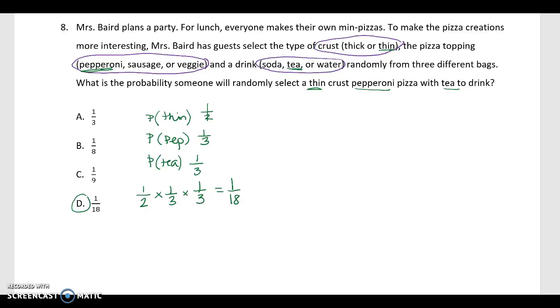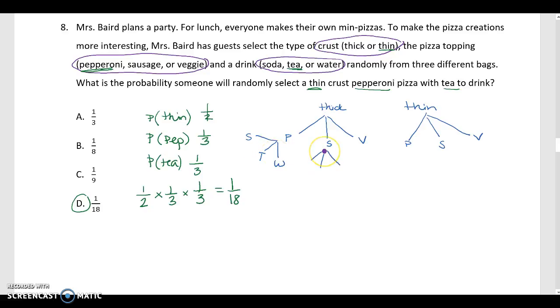If you wanted to do it a different way, you could do your decision tree and say, okay, there's either thick or thin pizza. There's pepperoni, sausage, veggie, and then there's soda, tea, water for each of those.